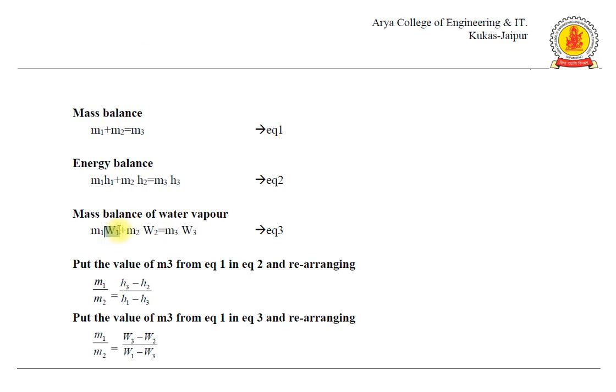This is basically specific humidity, which is the ratio of mass of water present per kilogram of dry air. This ratio into m1 plus this ratio into m2 will be this. Now if we put the value of m3 from here into this equation and rearrange it, we will get this equation.